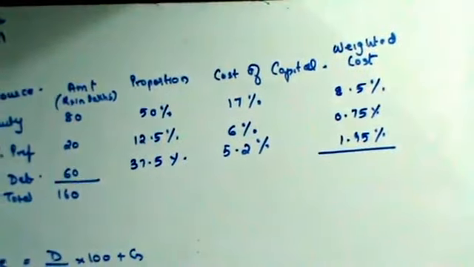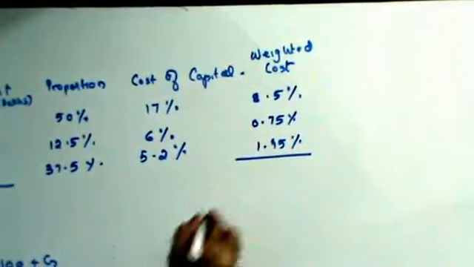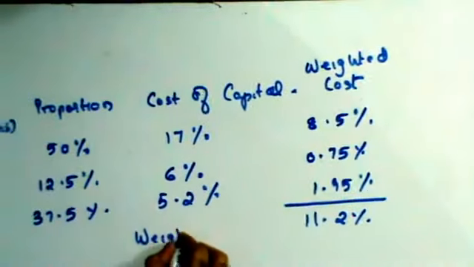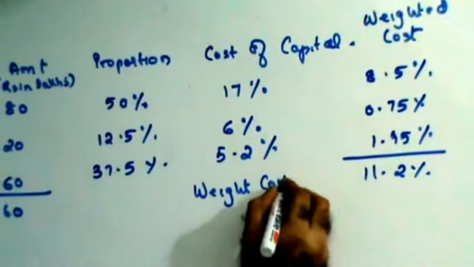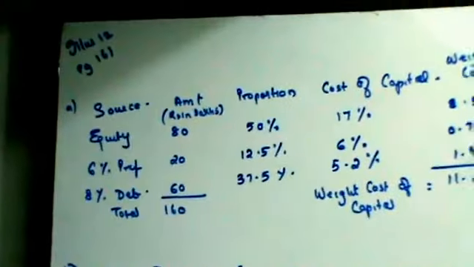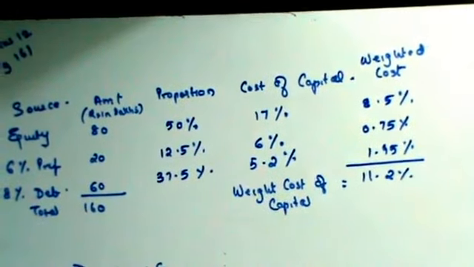Add all this. If you add all this, this comes to 11.2%. Therefore, your weighted cost of capital is 11.2%. This was the first part of the sum.